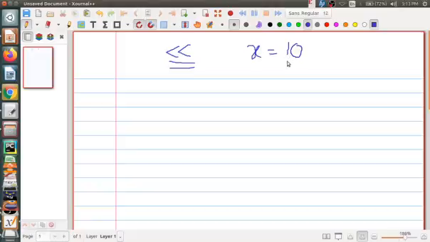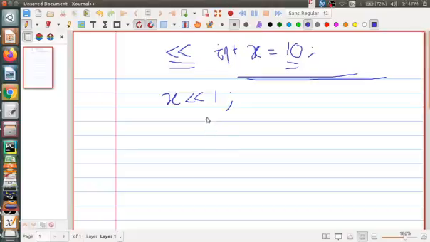This is my integer value: int x equals 10, semicolon. Now I want to shift it 1 time. So how can I write it? x left shift operator 1.